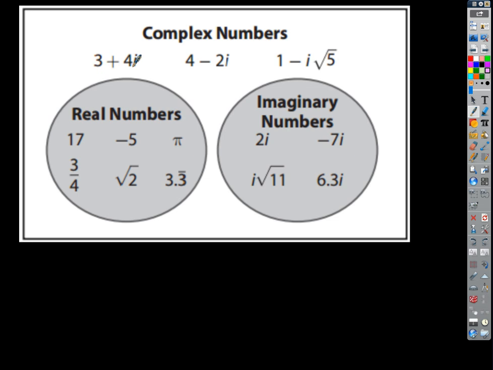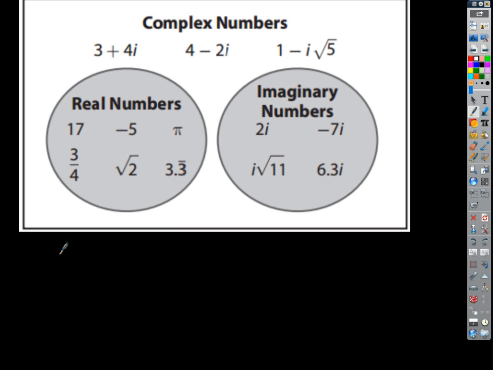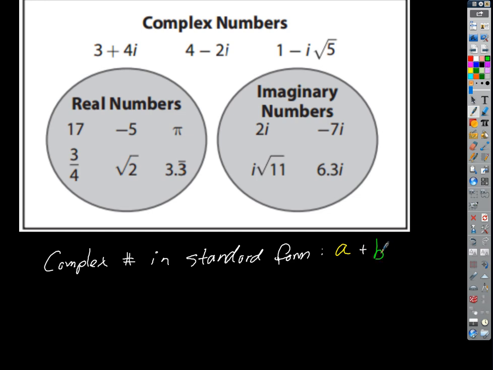So we say then that a complex number in standard form. We say that word standard form a lot, don't we, in math? So this is the standard way to write a complex number, would be a plus b times i.